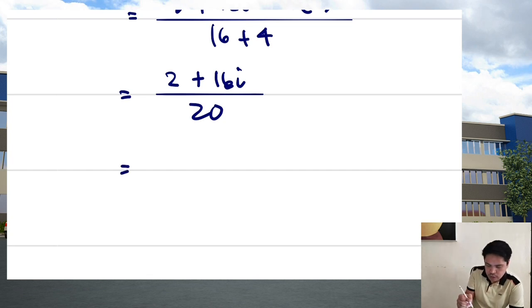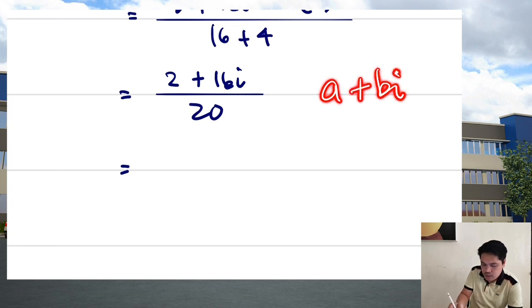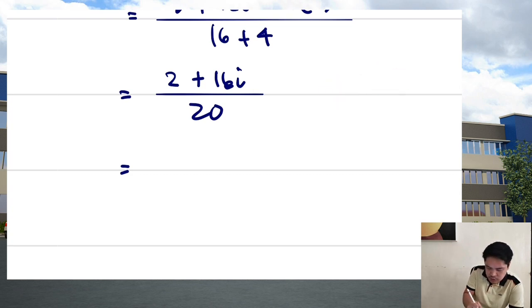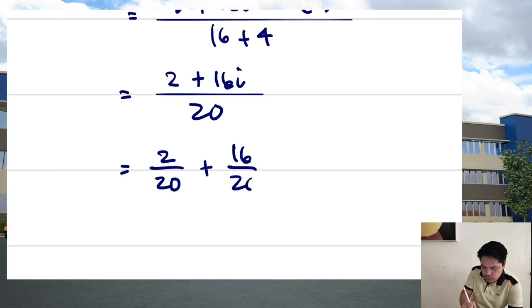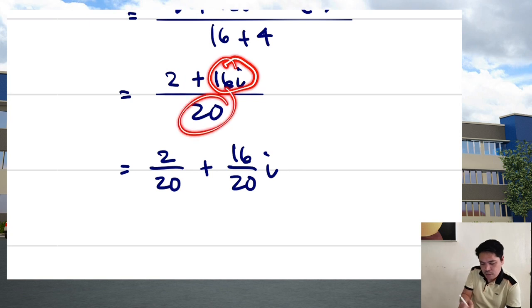So finally, in standard form, again, yung standard form natin is a plus bi, diba? So we just rewrite this as 2 over 20 plus 16 over 20i. Ang ibig sabihin nito is just, we divide these terms by 20. Meaning, we divide the 2 by 20, and we divide 16i by 20.